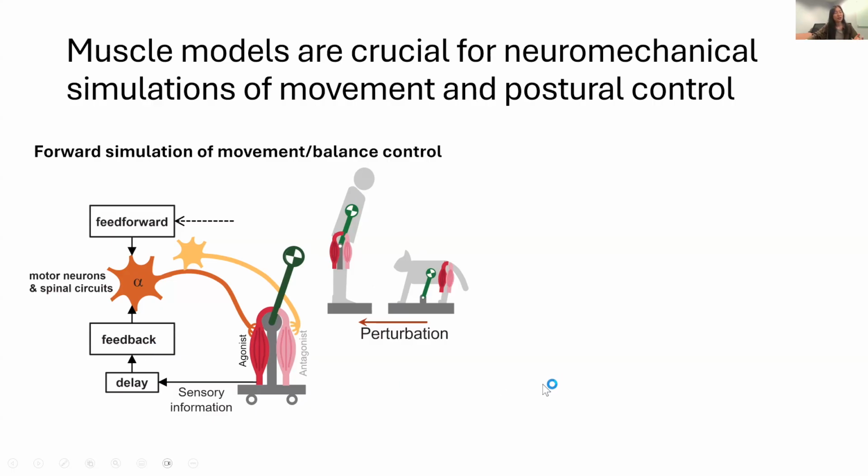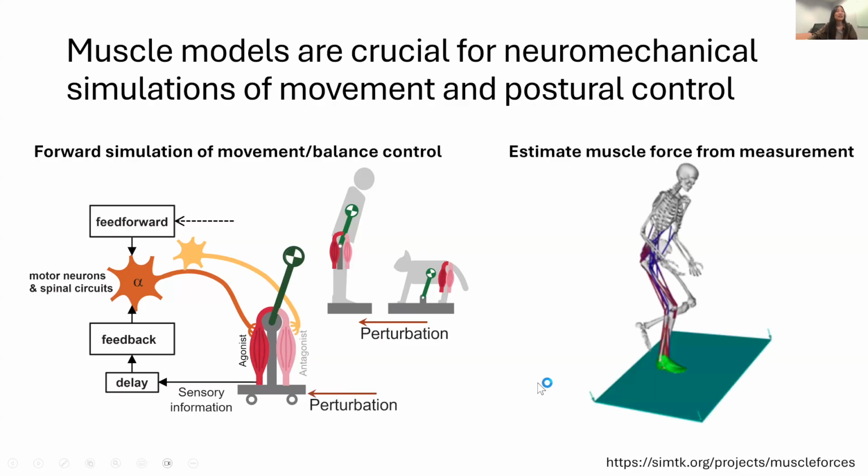and then see what the optimal feed-forward or feedback strategies are. Another way that is commonly used in biomechanics is estimating muscle force from measurements. Maybe some of you have experience working with OpenSim models. You can input your measurements of motion capture, forces, and preferably EMG signal into the OpenSim model, and then use the model to estimate how much force is generated by each of the muscles.